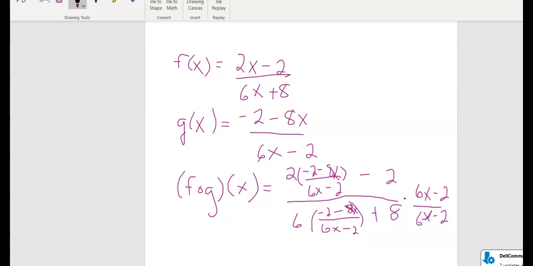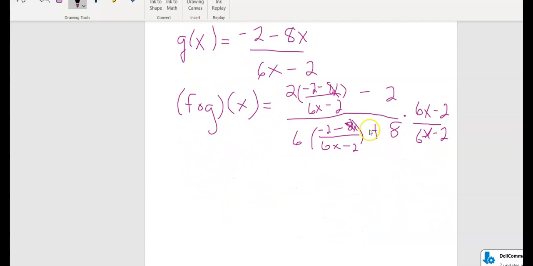All right, so we're really multiplying by 1, which doesn't change the actual answer here, but it does make it look different. So when we multiply this, the 6x minus 2 times the very first fraction is going to cancel out with this denominator here, and we'll be left with 2 times negative 2 minus 8x.